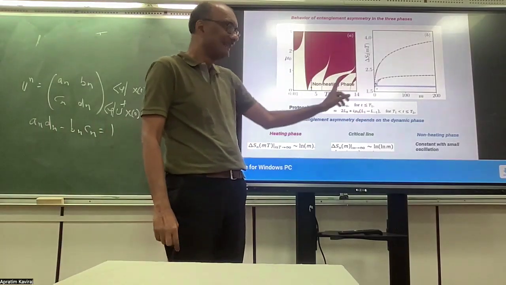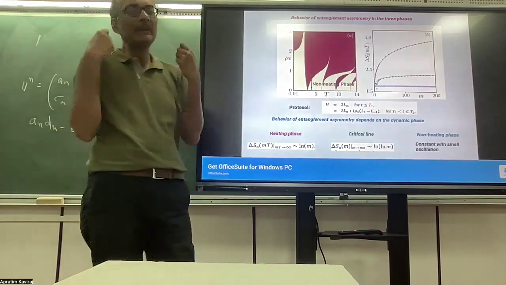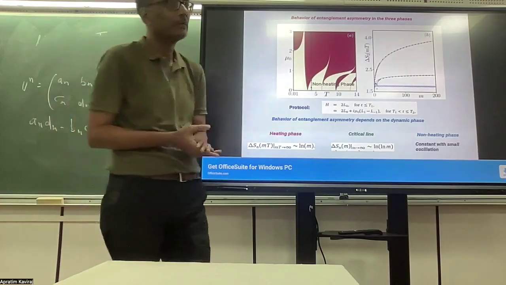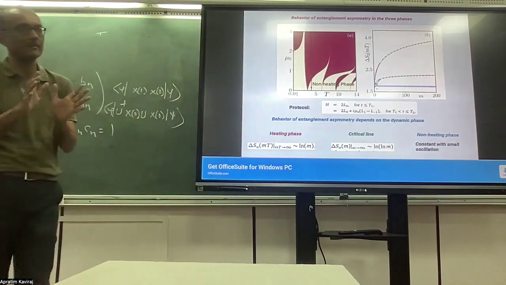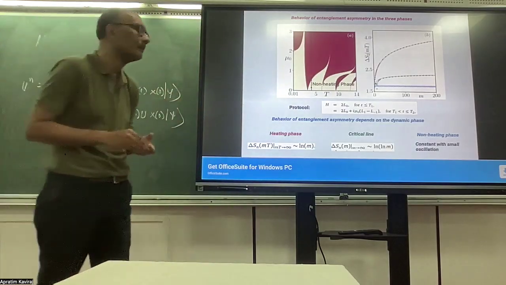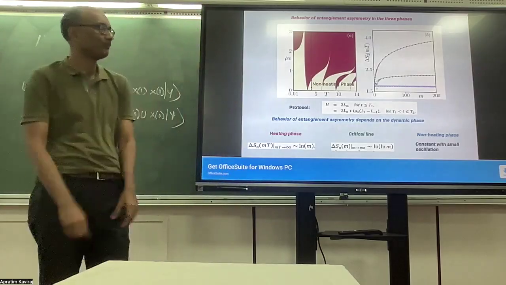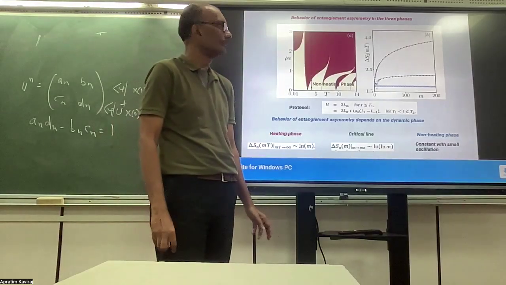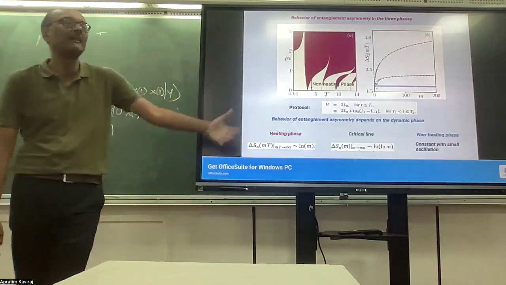Those drives typically generate a scale and take you away from the CFT. That identification is one of the challenges, at least in my mind. So this is not really a contradiction. It's just a different drive which gives you this feature, which is typically not found in other ones.